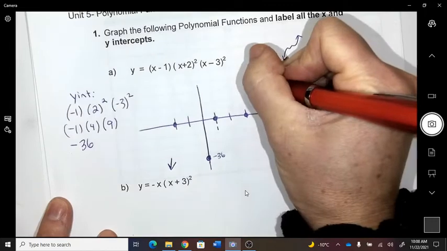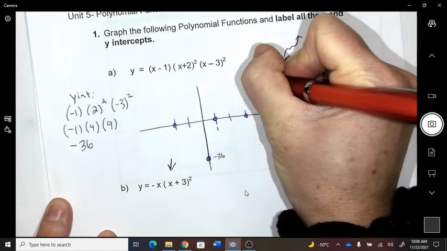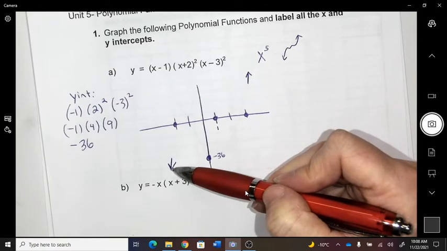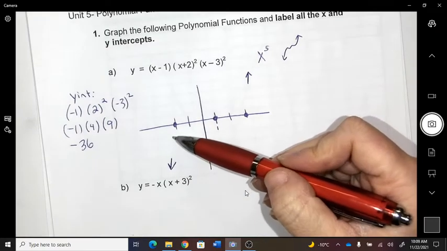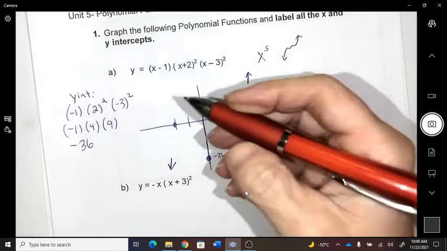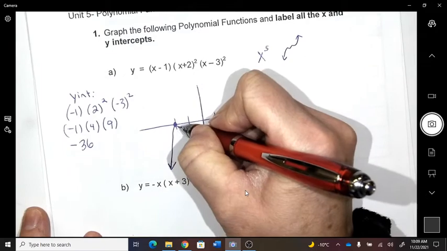Okay, I'm going to go like this. I'm going to give myself an arrow and an arrow because I know that that should be happening, right? Okay, so I'm going to start here. I'm going to be going up to negative 2. Thinking in my head, what am I going to do when I get here? Cross through it or bounce? Bounce. So I'm going to go up to it, bounce.